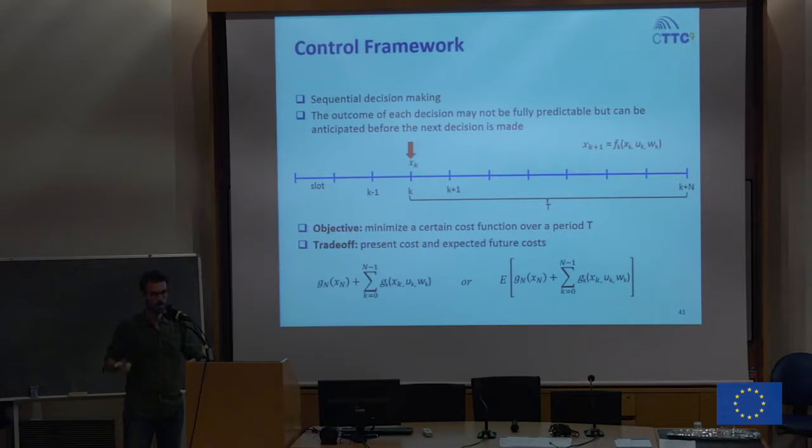What I'm going to introduce now is some exercise that we did, some papers that we published together with Michele and Marco, that is exploiting dynamic programming in the scenario that we are studying.